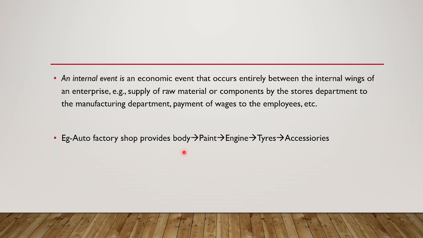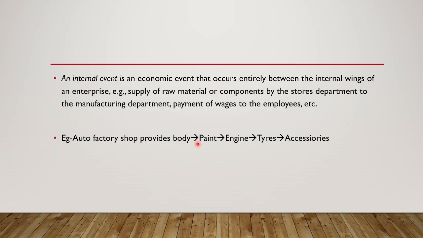There will be multiple shops in the same factory. One body shop makes the outside tin into the car design. Then they paint it, dipping it into the paint. Then they provide the engine, tires and accessories. Each of these is called a shop, but the end result will be the Thar.